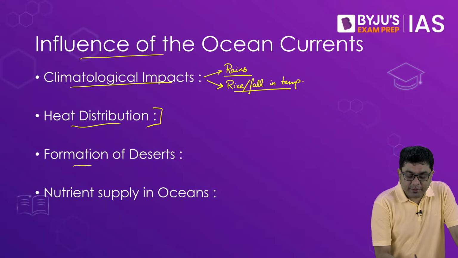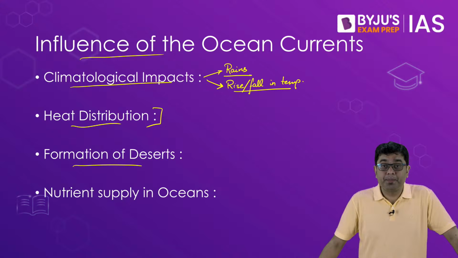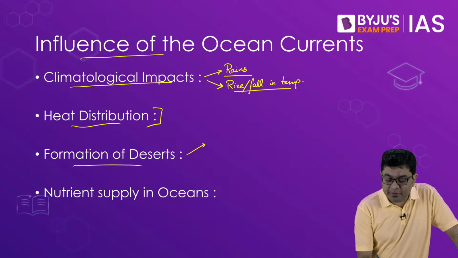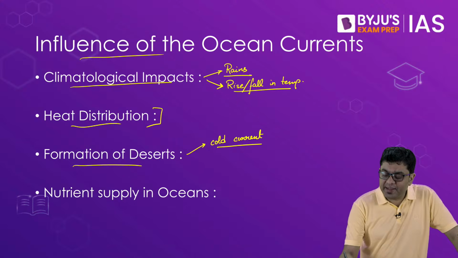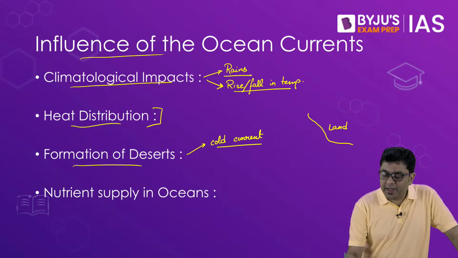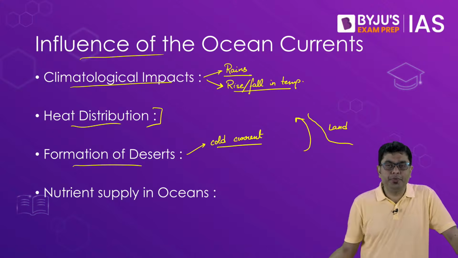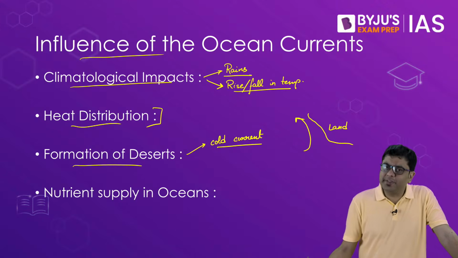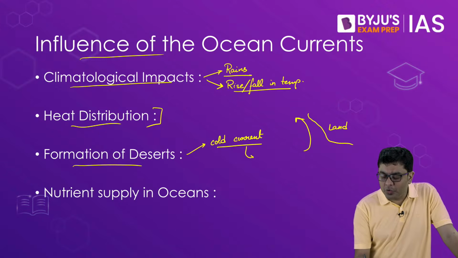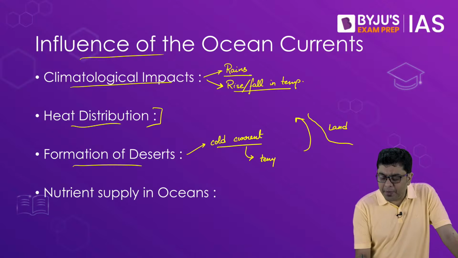Then we have the formation of deserts. Now, this happens when you have a cold current near the coastline. Suppose there is a coastal landscape, and you have a cold current which moves by. This cold current will lead to a condition of temperature inversion.